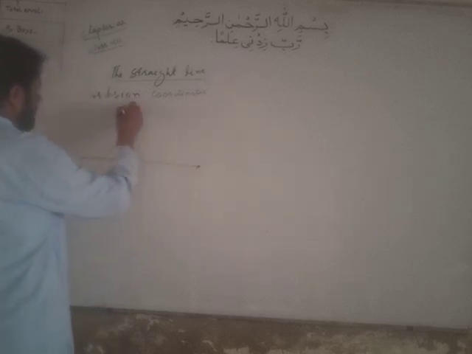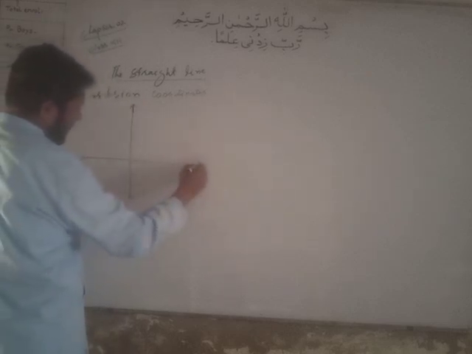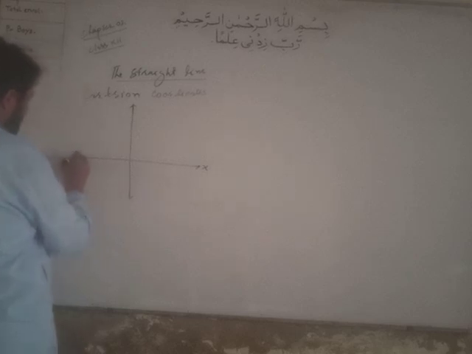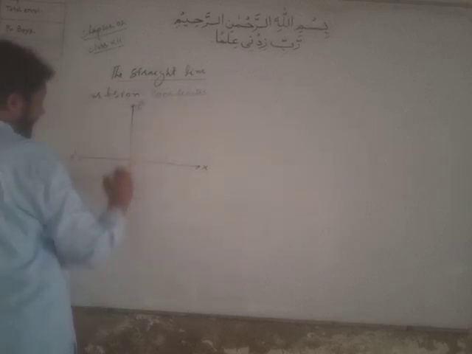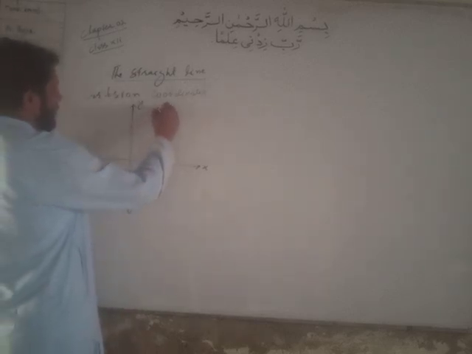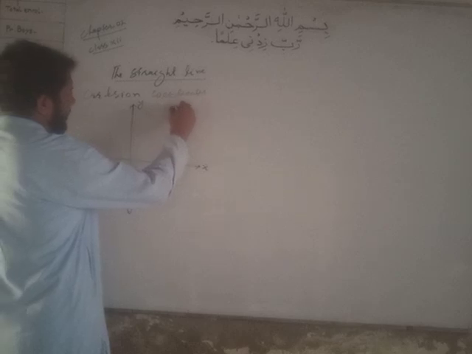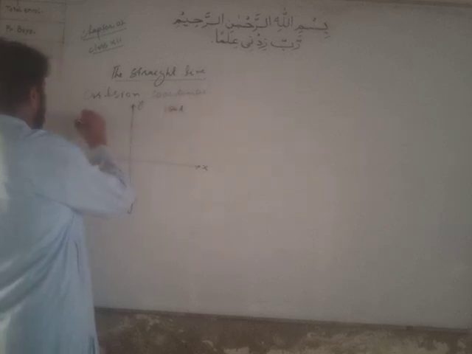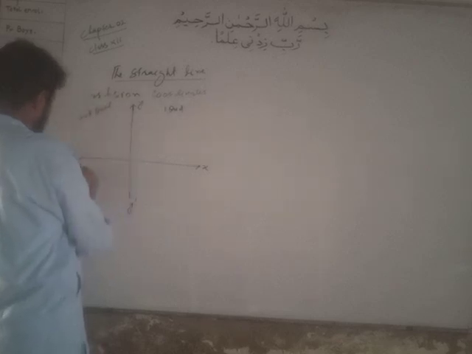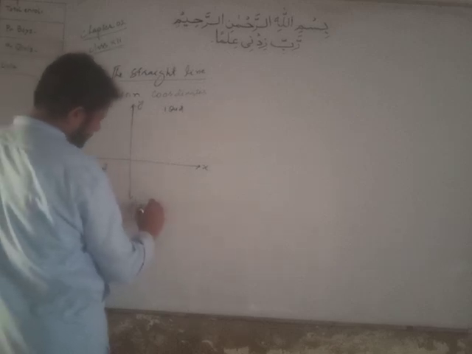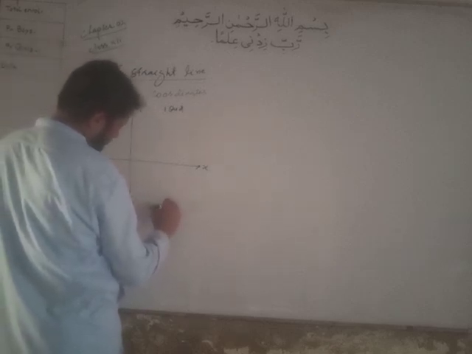This is the x-axis and this is the y-axis. This plane has the first quadrant, the second quadrant, the third quadrant, and the fourth quadrant.